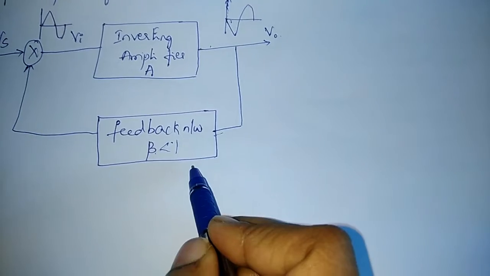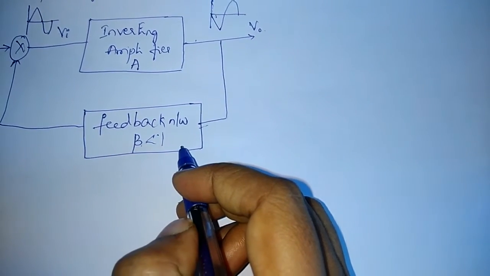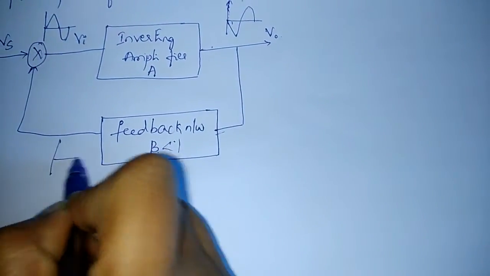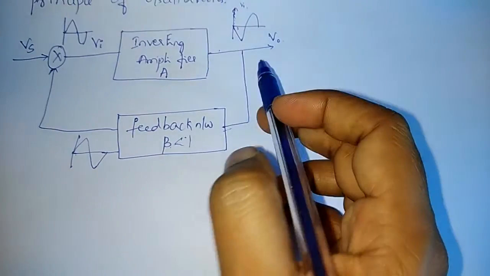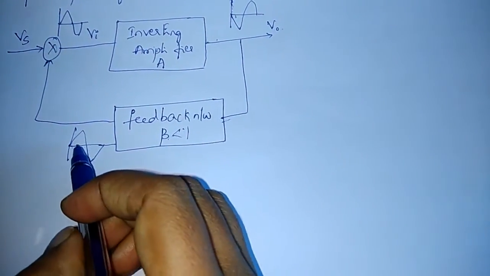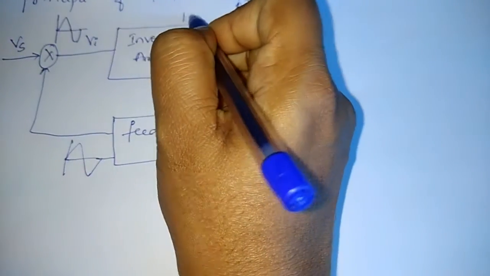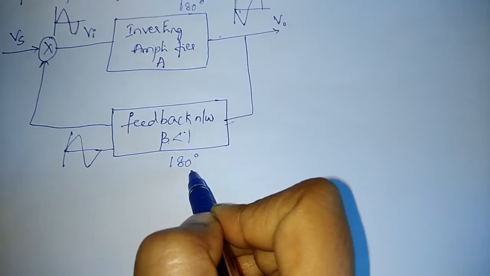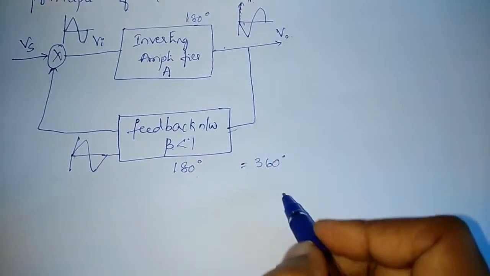The feedback network provides a phase shift of 180 degrees when it is feeding into the input along with the Vs. You can observe now it is in phase with the source signal, is it not? The inverting amplifier provides a 180 degree phase shift, and the feedback network provides another 180 degree phase shift. A total of 360 degree phase shift is happening.